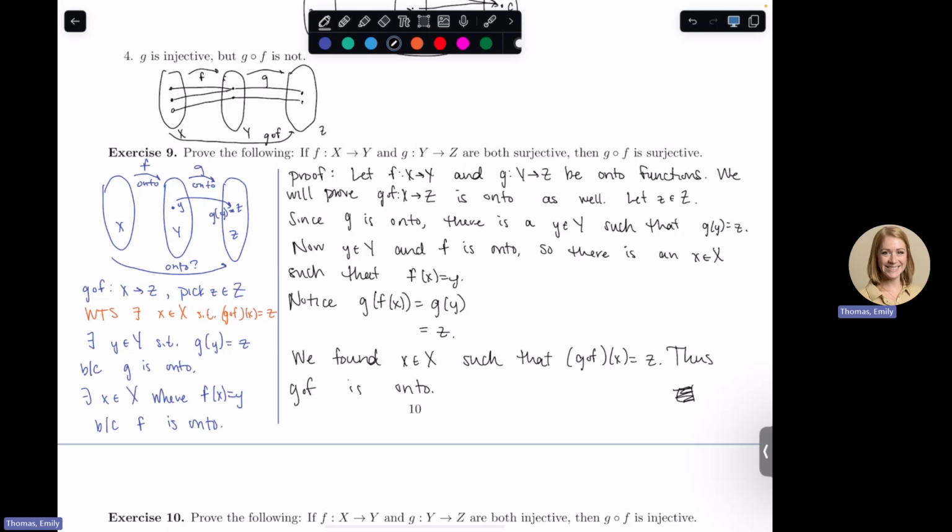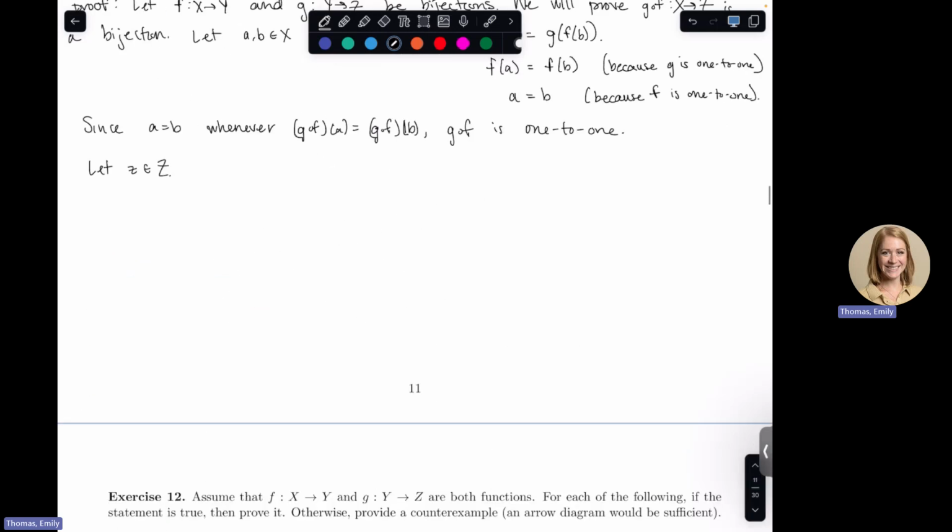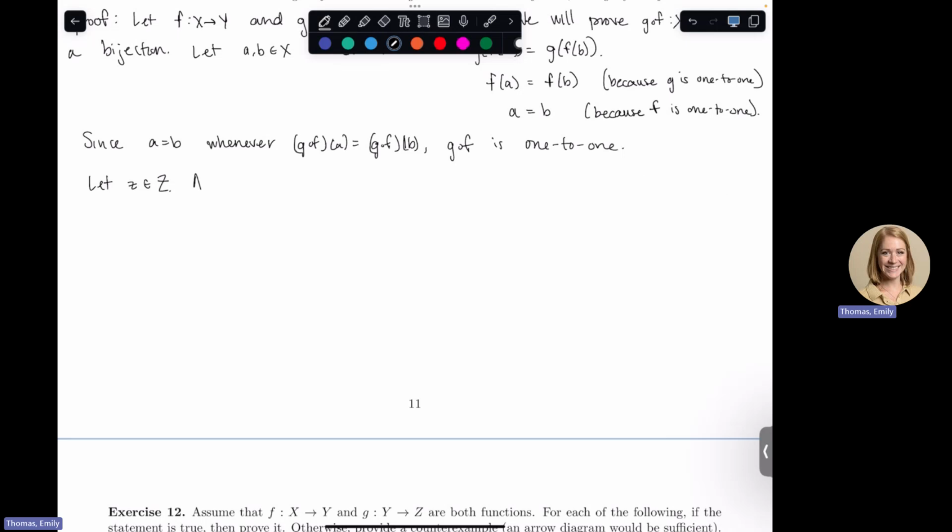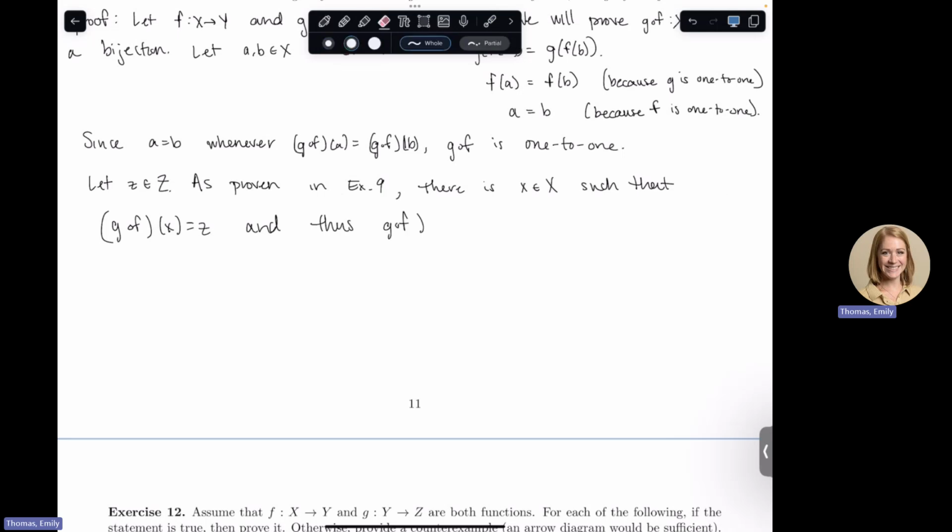As proven in exercise 9, G of f is surjective. There exists an x in big X such that G of f of x equals z, and thus G of f is onto or surjective.